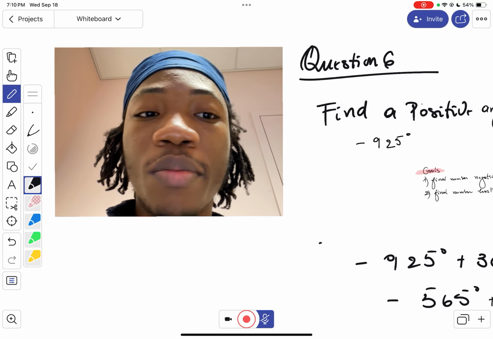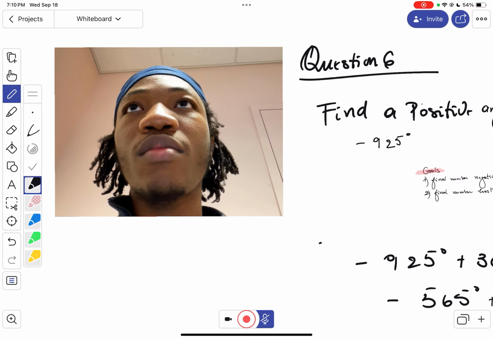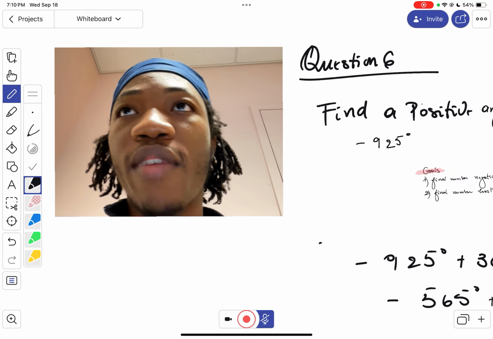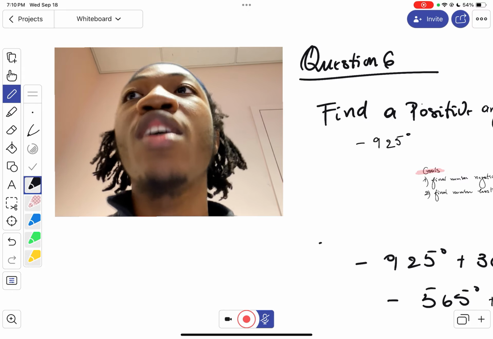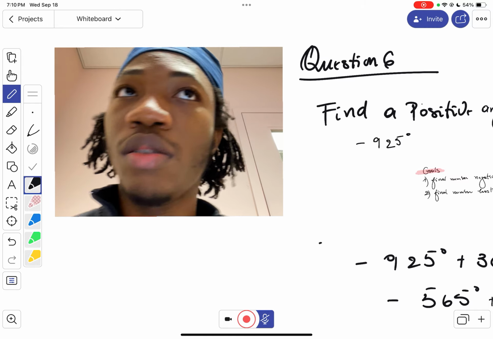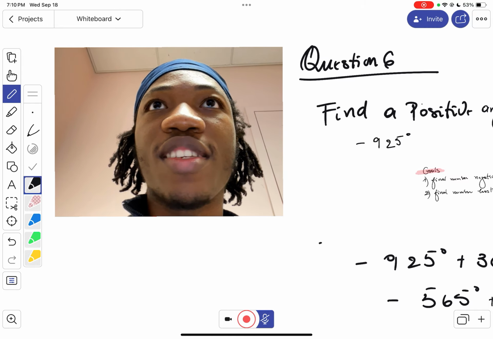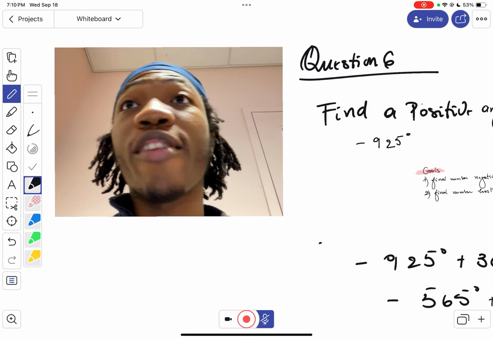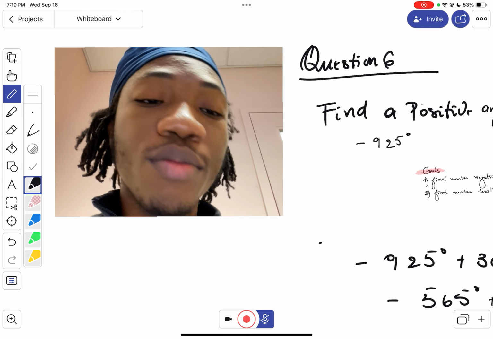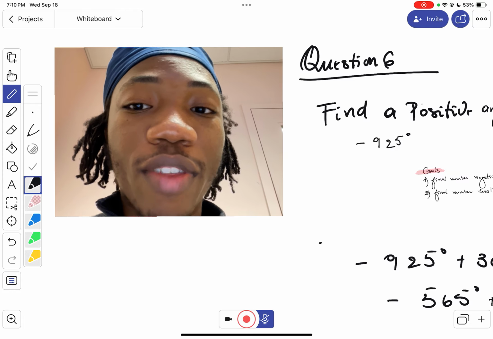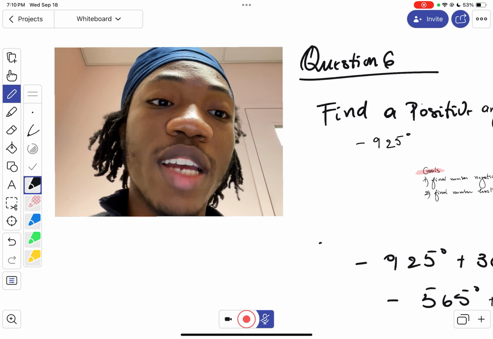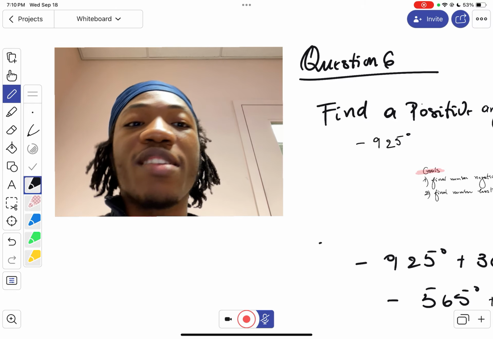If it's a negative number, add 360. If it's a positive number, subtract 360. If it was 925, which is not less than 360, you would subtract 360 from 925, but in our case it's a negative number.